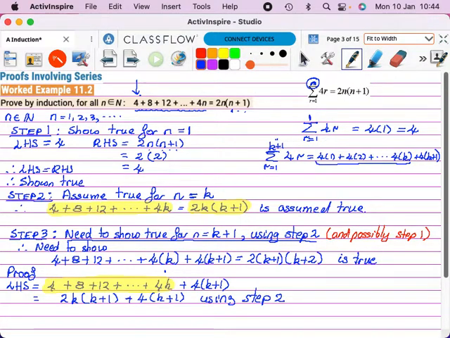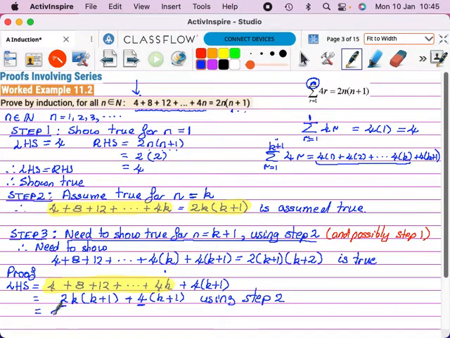Now, we have to work to the right-hand side. Now, at the end of the day, there's no easy way of doing this. You could expand all the left-hand side out, expand all the right-hand side out, and show that they're equal to each other. Or you can be a bit more flash and factorize it. So if I'm factorizing this, it's actually a lot easier, because I hope you spot that there is a common factor of 2.